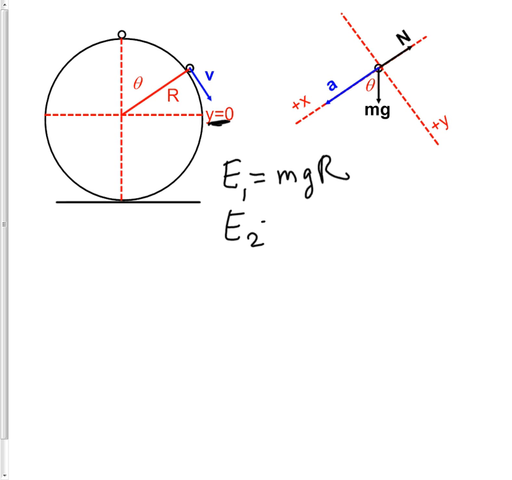E2 is equal to 1/2 mv squared plus mg times, and now you have to ask yourself what this distance is, because that's the height that the bead is above there. And you see that this distance is r cosine theta.